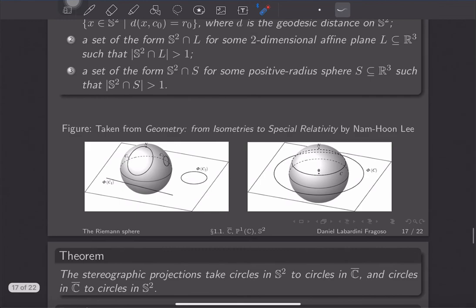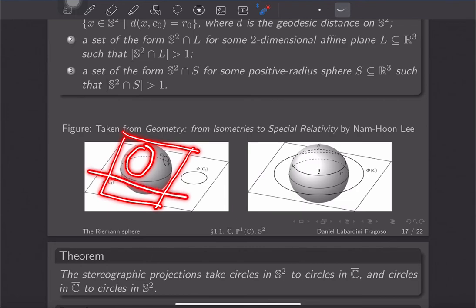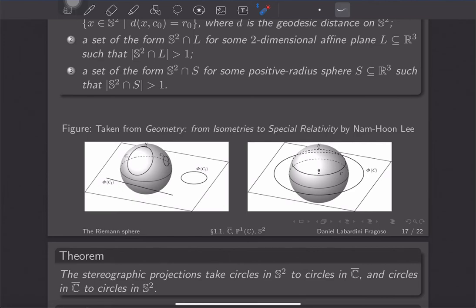So the first case, the one that cut the North Pole, was something like this one. This is the circle, and this is the intersection of the two planes that I told you, right? Okay, and now we are in the second case. In the second case, we're taking this other plane that cuts off this circle, right? And now we are projecting here.